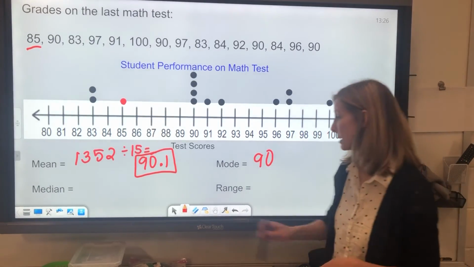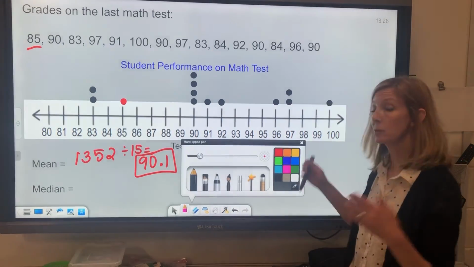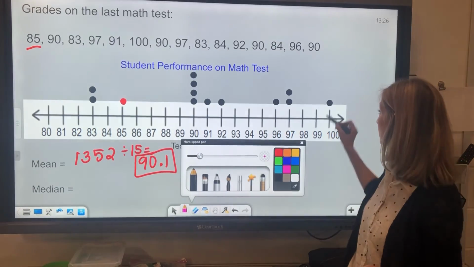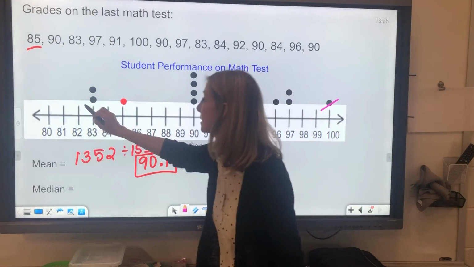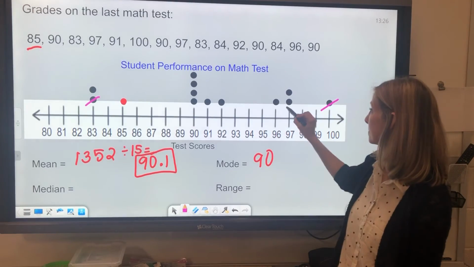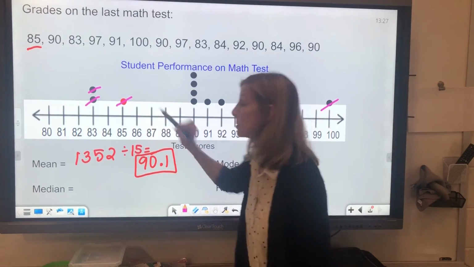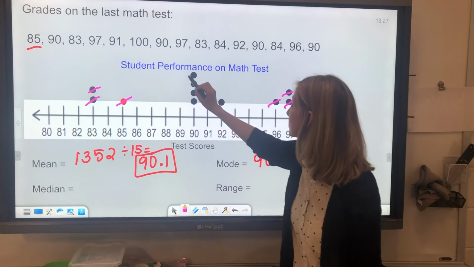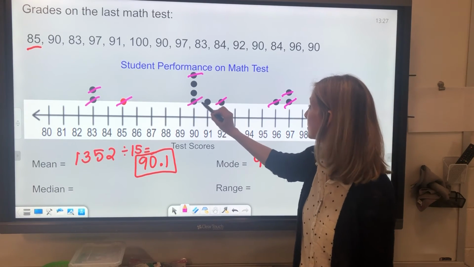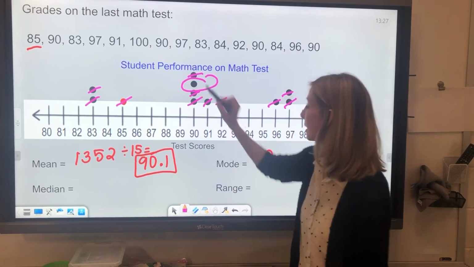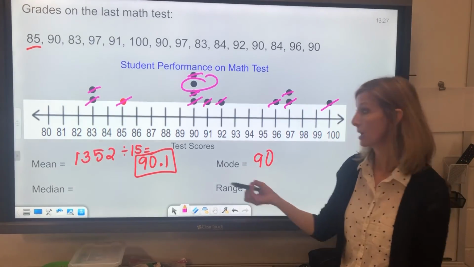That's the number in the middle. So again, we're just going to cross off until we get to the middle, crossing off my biggest and the smallest until I work my way to the middle. And I have one number in the middle, which was 90.